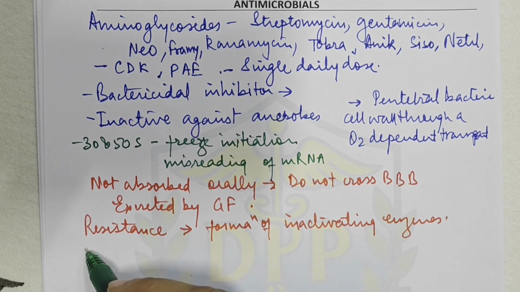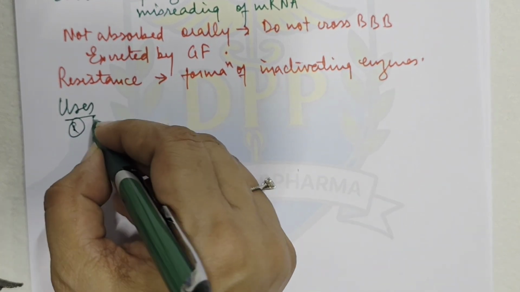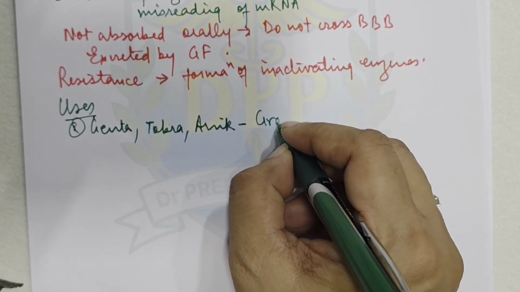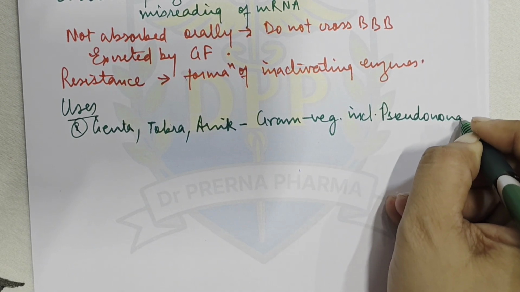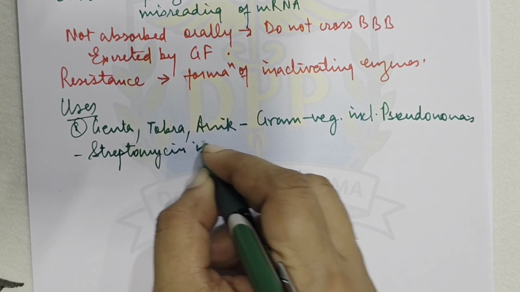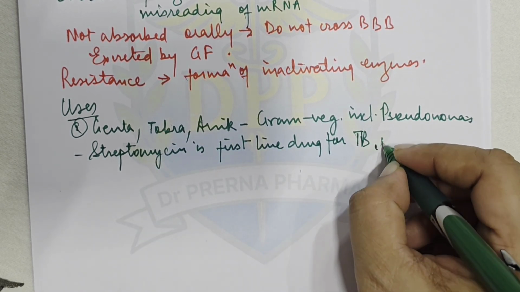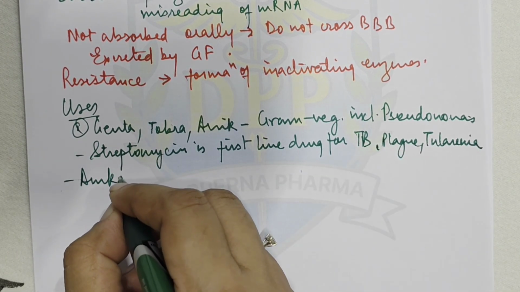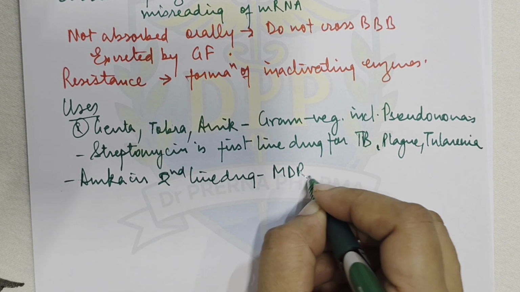Now what are the uses of aminoglycosides? So gentamicin, tobramycin, and amikacin are effective against gram-negative organisms including Pseudomonas, right? Then streptomycin is the first line drug for treatment of tuberculosis, plague, and tularemia. Amikacin is a second line drug for treatment of MDR TB.